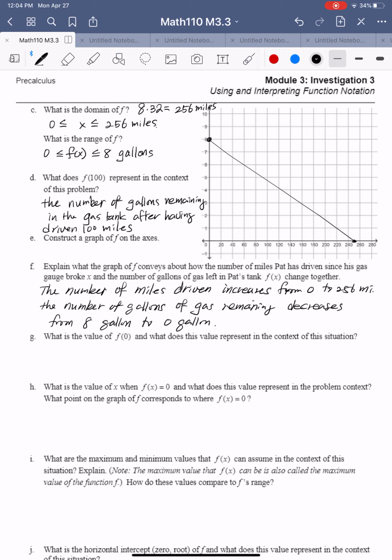What is the value of f of 0? This means when Pat has driven 0 miles, there are 8 gallons of gas.